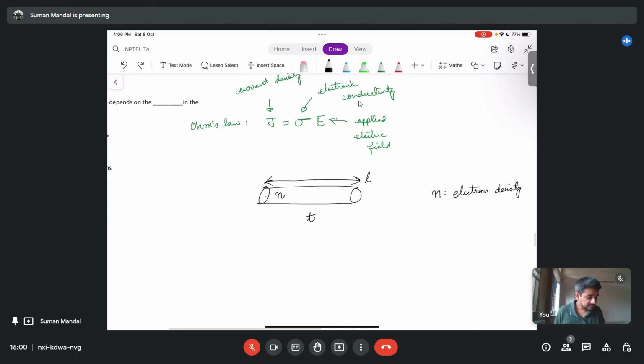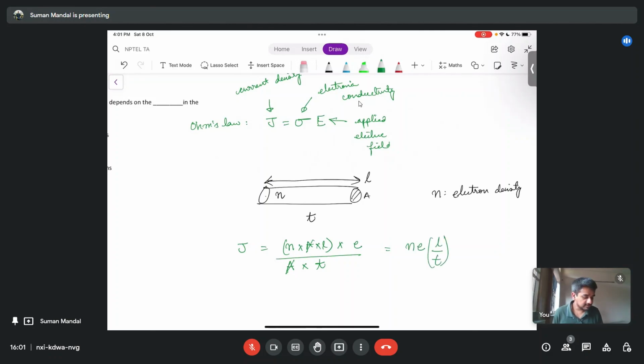Then the current density is the total number of electrons, which, if the area is A, is N into A into L, flowing per unit area per unit time, multiplied by the electronic charge. So A and A will cancel, giving N E L by t.